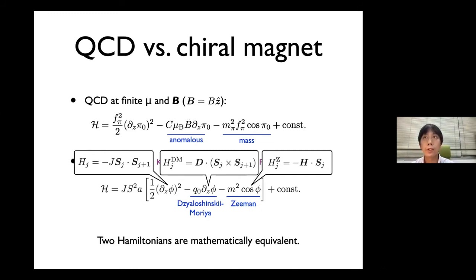Rob, do you have any question? Yeah, what's the physical origin of the Dzyaloshinskii-Moriya term? You mean this term? I'm not familiar with that term. You mean this term, the Dzyaloshinskii-Moriya interaction? Yeah. So microscopically, this originates from the spin-orbit coupling.